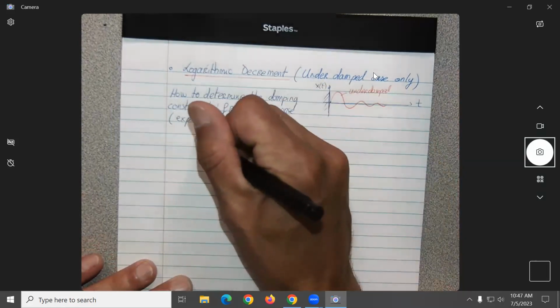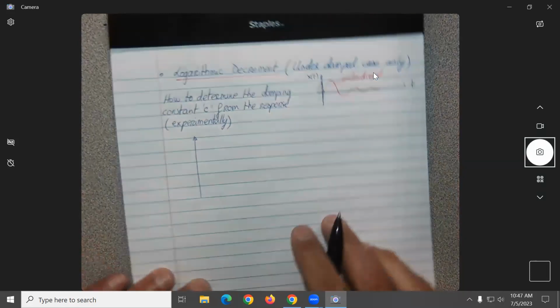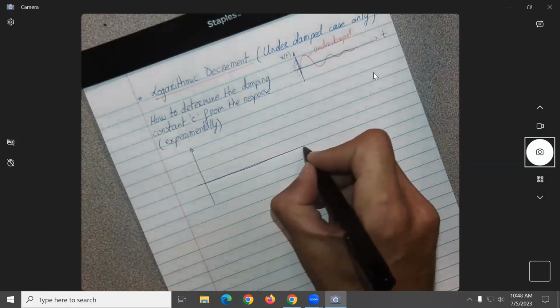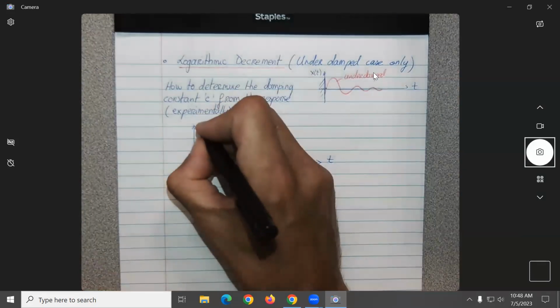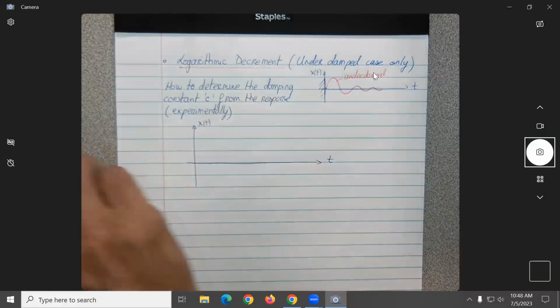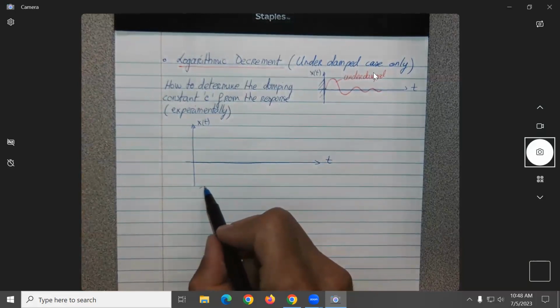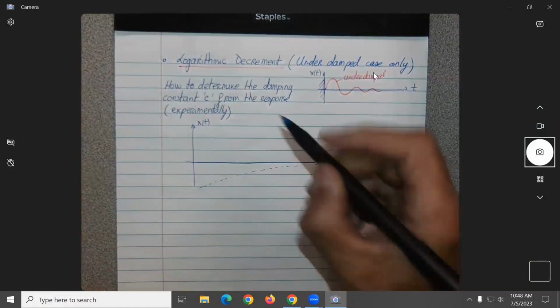So this is T, this is X of T. Basically, I'm just redoing the figure that we did last time. So remember, this should be a decrement about the exponential function.